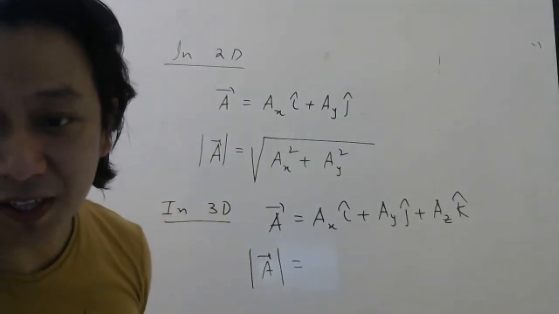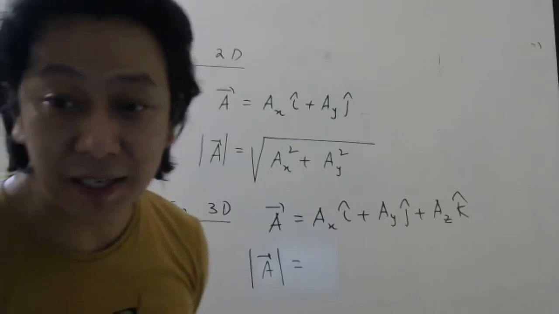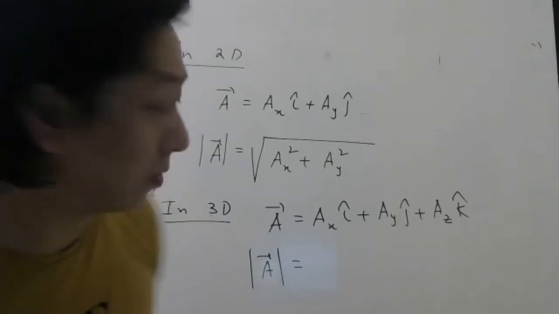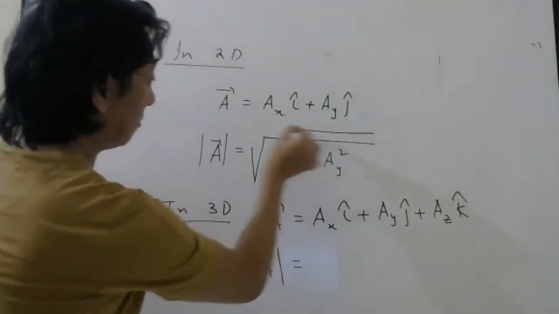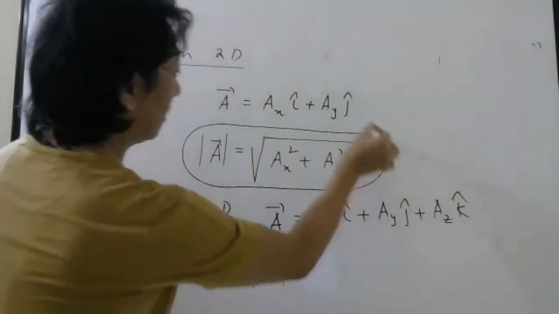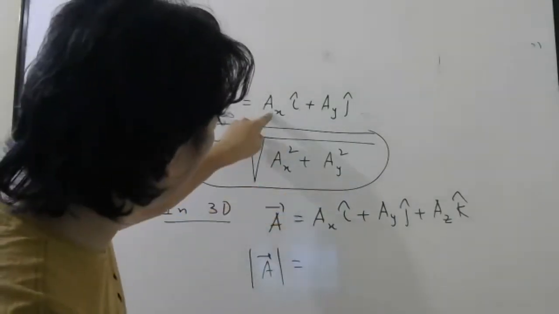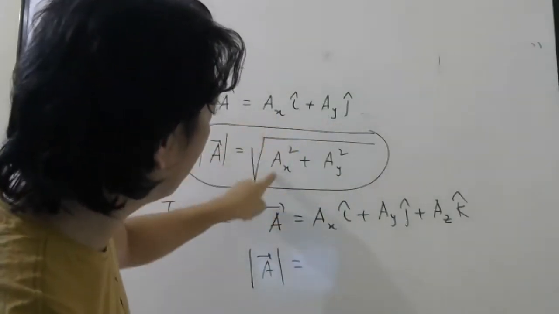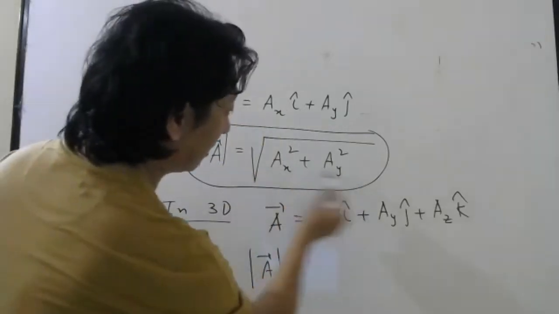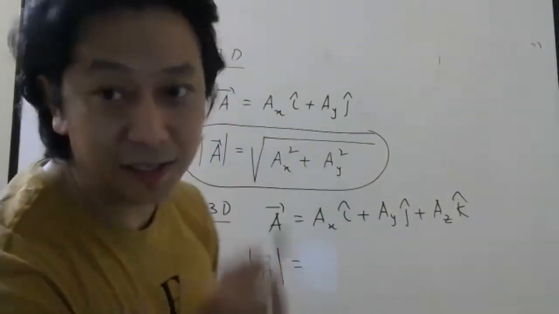K cap cannot be there, Raksha. While writing magnitude, there cannot be any cap, because see, this is a number. Magnitude should be a number. So in magnitude, only the magnitudes of the components should be there. I don't want i cap, j cap in this formula, because this is magnitude.